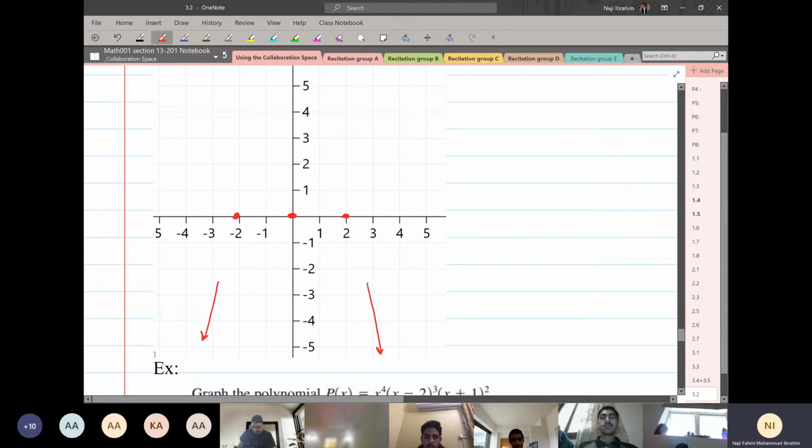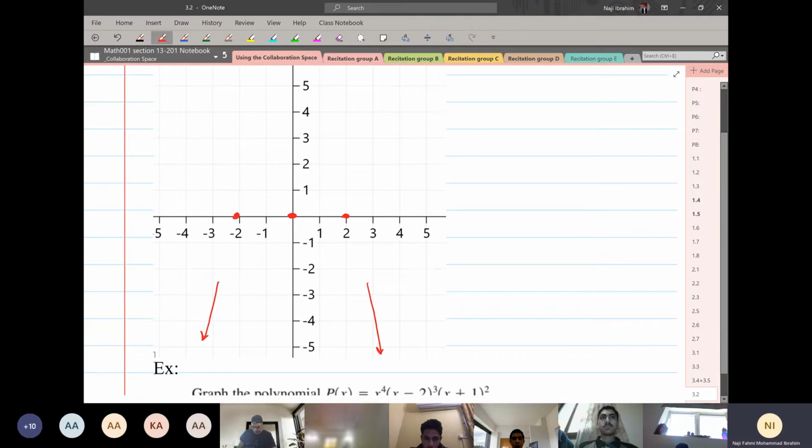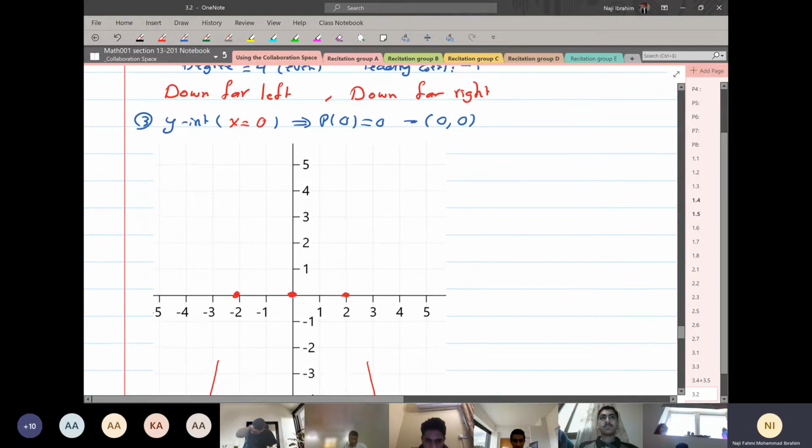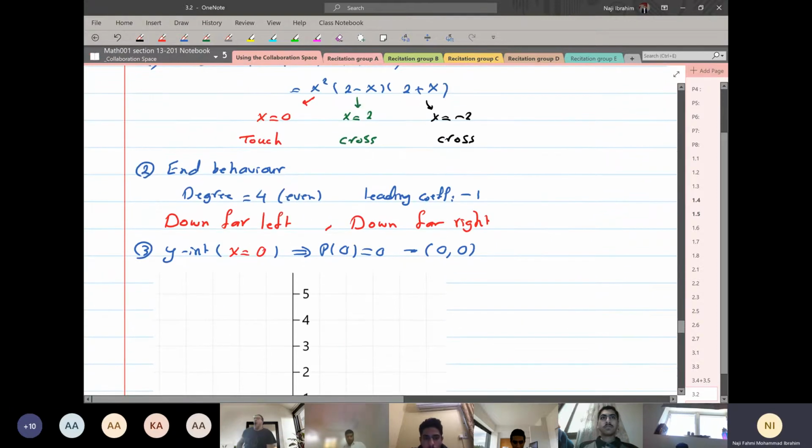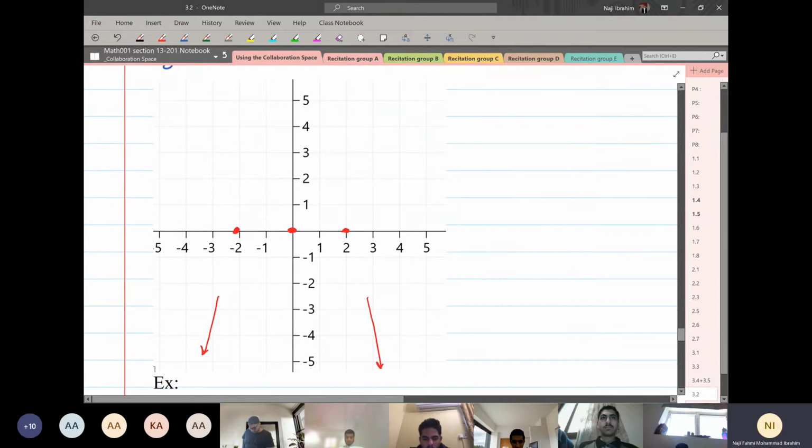Down. Now let's start the behavior around those zeros. What's my first zero on the left? -2. -2. Now the behavior at -2, what's the behavior at -2? It's a cross. So we have to make a cross now. To make that a cross, Shabab, should I draw my curve going from below the x-axis above, or should I start from above going down?